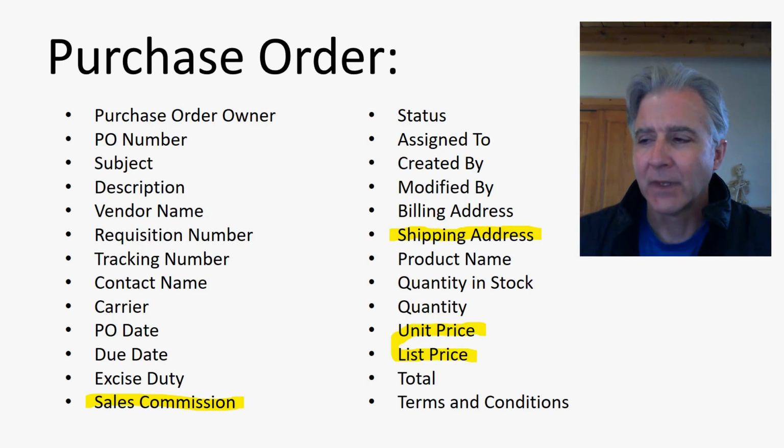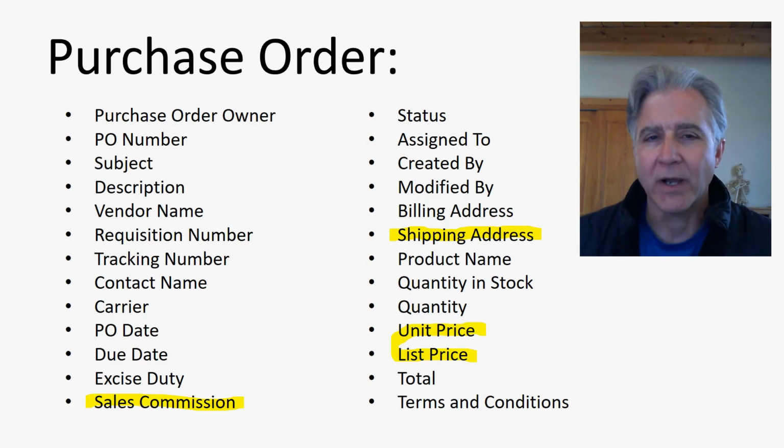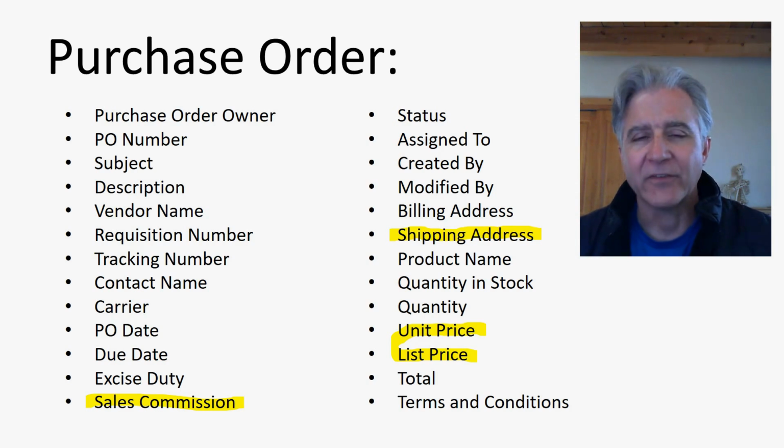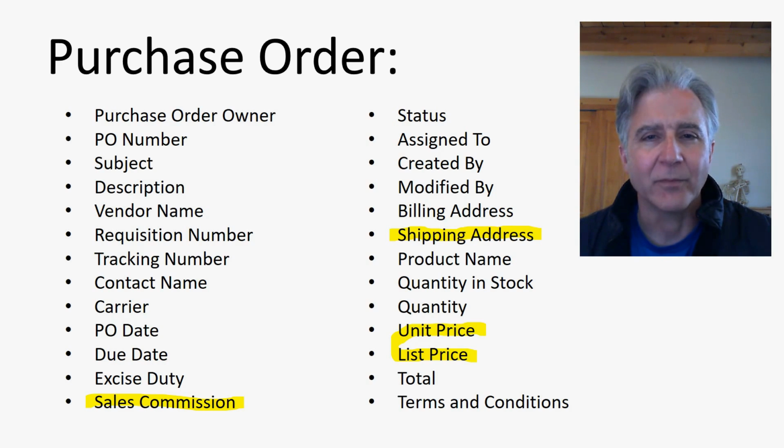For example, the unit price and the list price are very closely related. If you're modifying one, there's probably a rule about how you can modify the other. I've also highlighted the sales commission. There will be some rule within the organization that, based upon the value of this purchase order, determines what the maximum sales commission can be.